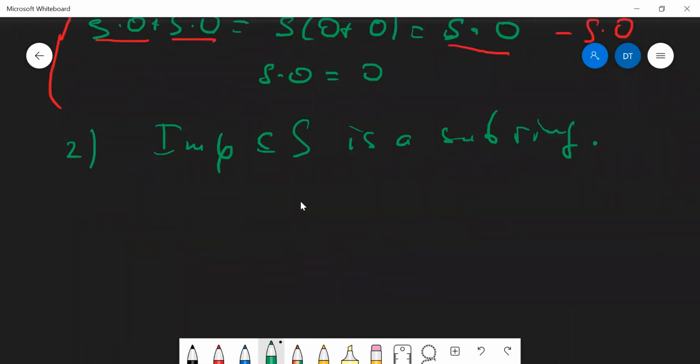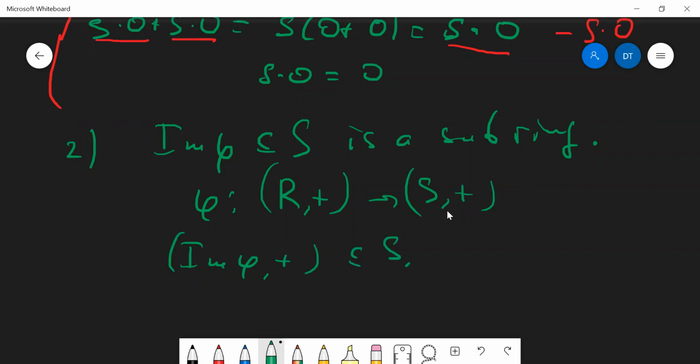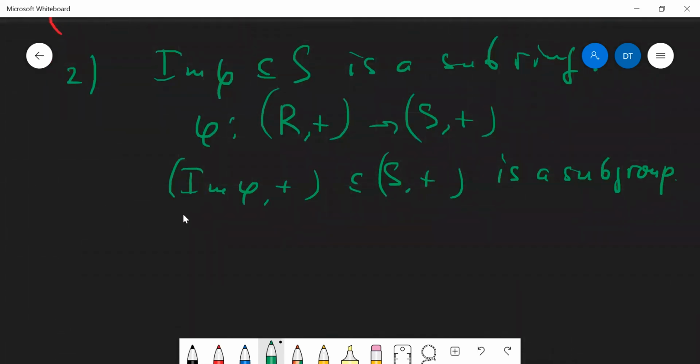But again, by applying this result about groups, if we have a homomorphism of groups, then the image of phi with respect to addition is a subgroup inside S. It's exactly the same result as before, but we applied it to get that the image is a subgroup with respect to addition. So we have to prove two things: that the image is closed under multiplication, and the identity belongs to the image.